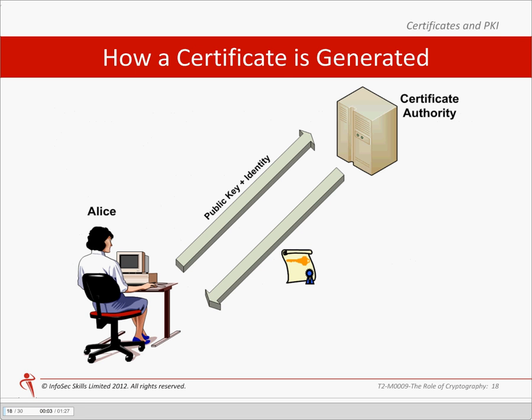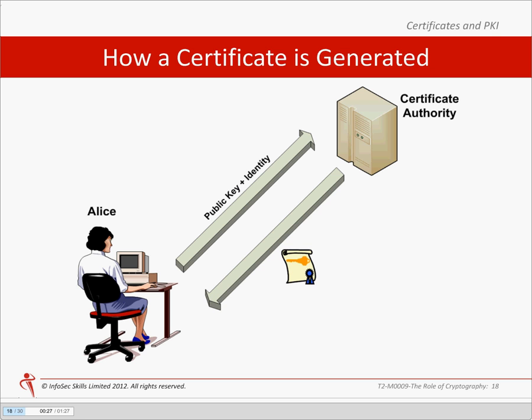This slide shows a simple example of how a certificate is produced. The user, more formally known as the end entity, generates a key pair and sends the public key with information about themselves as an entity. The information sent includes identity information, for instance the name and email address.